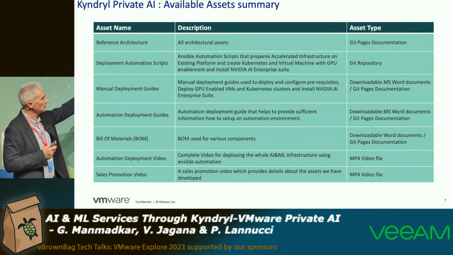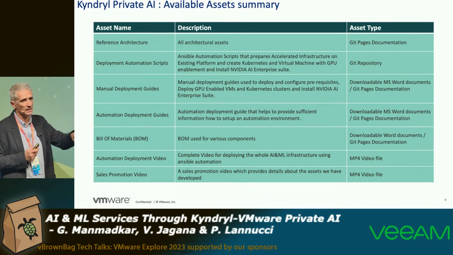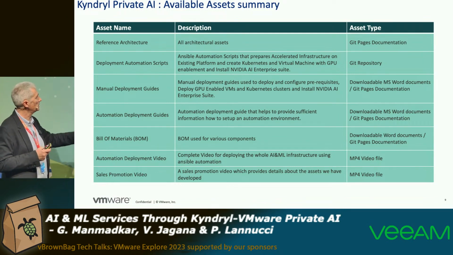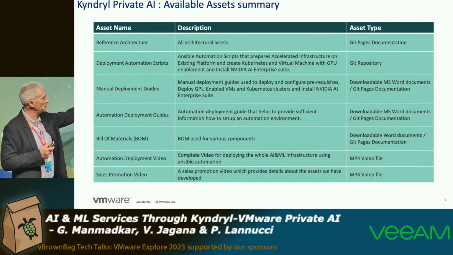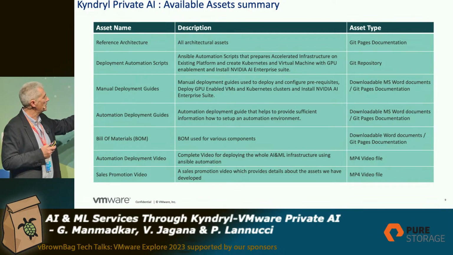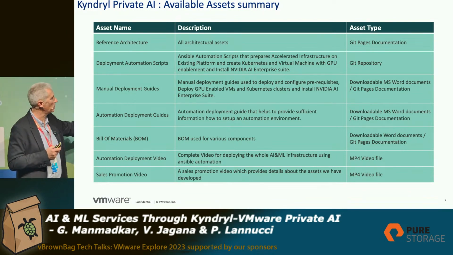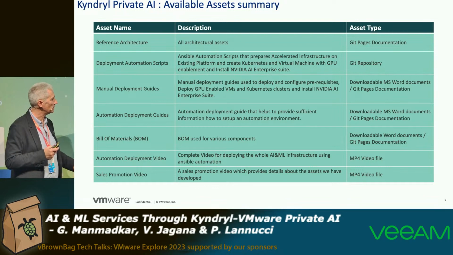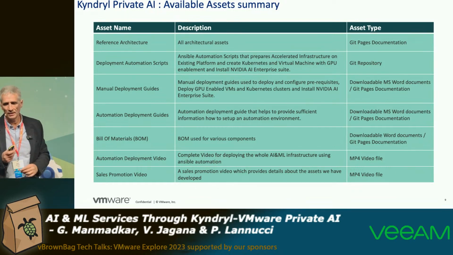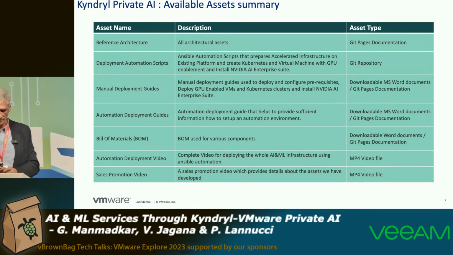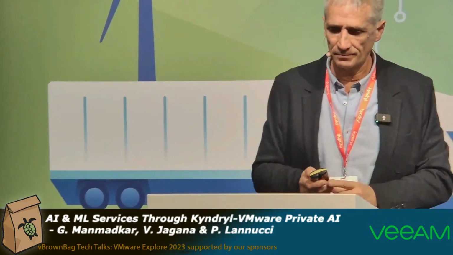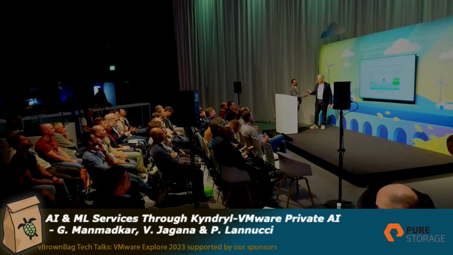This includes obviously a reference architecture that can be customized for the specific customer needs, automation scripts, which are mostly Ansible based, and deployment guides, either to implement and configure the solution manually, or automatically via the automations, and then a bill of materials and some promotional video. Okay, then now I give back the stage to Venkat.